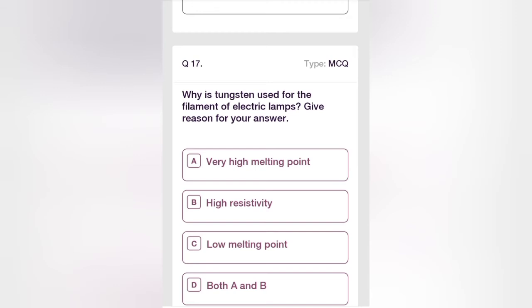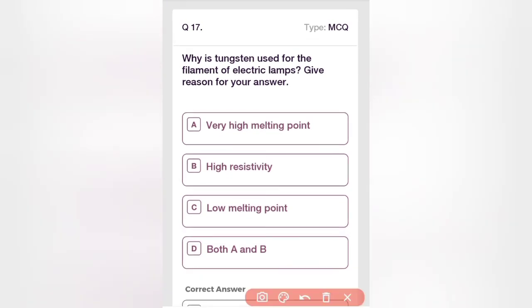So it should become red hot, and its resistivity should be high. It cannot have low melting point. If it is low melting point, it will burn. So therefore we can't get light. So option D will be the correct answer because it is both option A and B. So the correct answer must be option D.